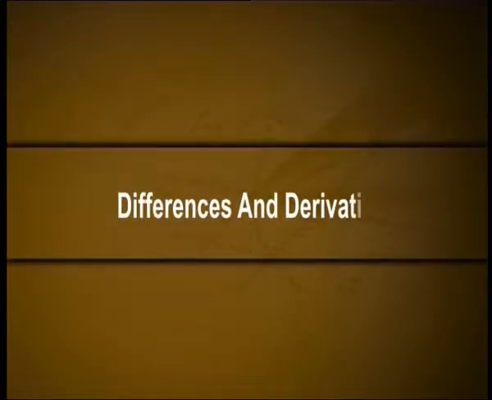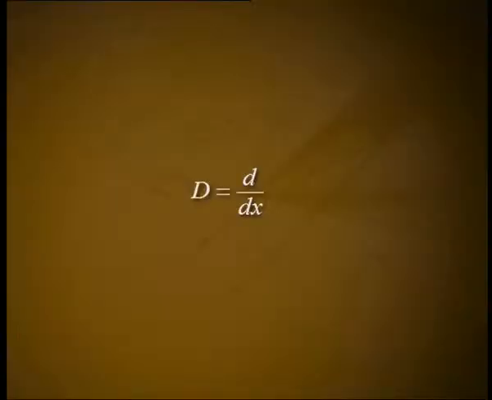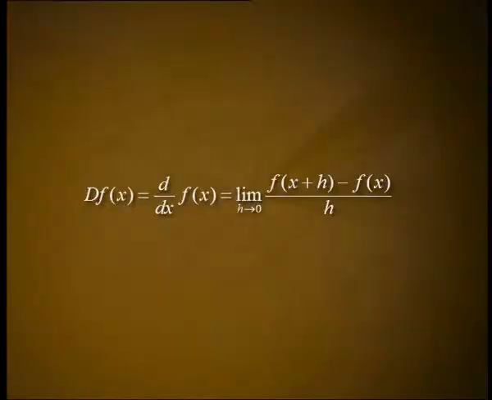Differences and derivatives. In differential calculus, the operator D = d/dx is defined such that D f(x) = d/dx f(x), that is the limit as h tends to 0 of [f(x + h) − f(x)]/h.